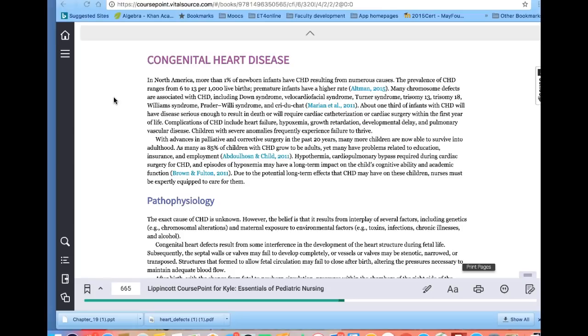So before we even start, I want to talk about the signs and symptoms of heart failure, congestive heart failure, because that's what you're going to be looking for in every one of these defects as far as your assessment. Okay, a complication of congenital heart disease, heart failure.